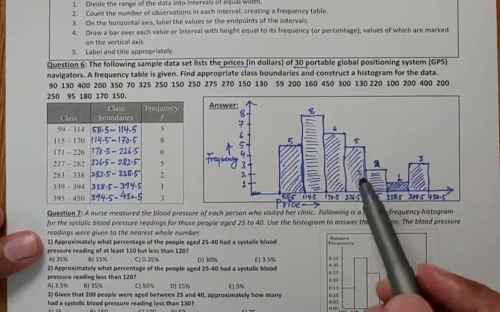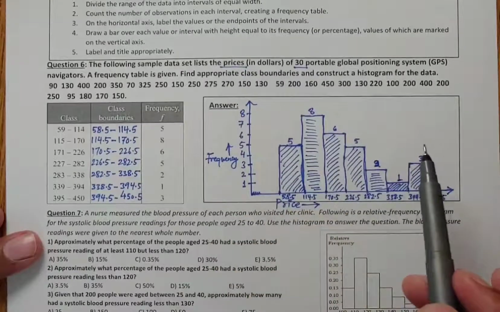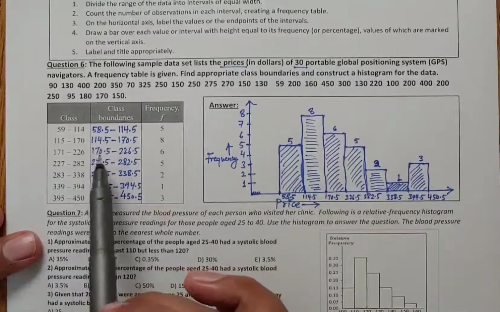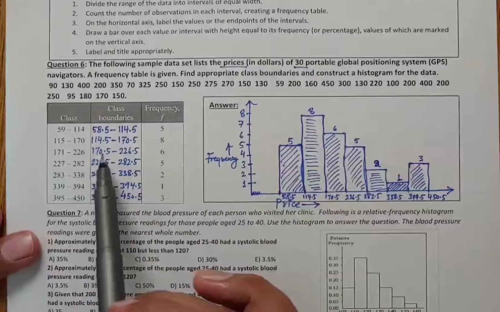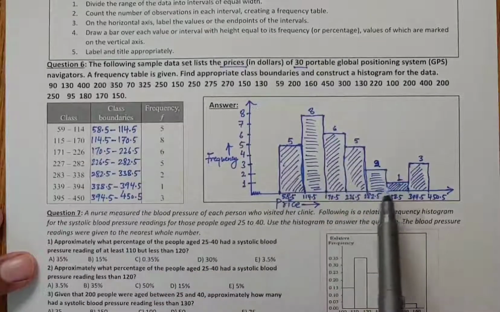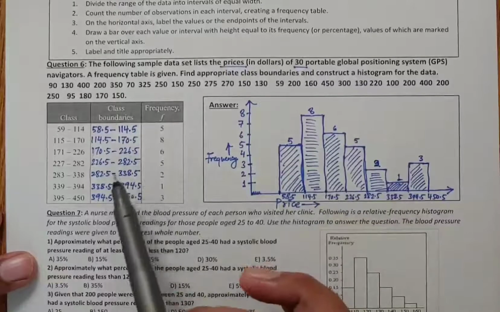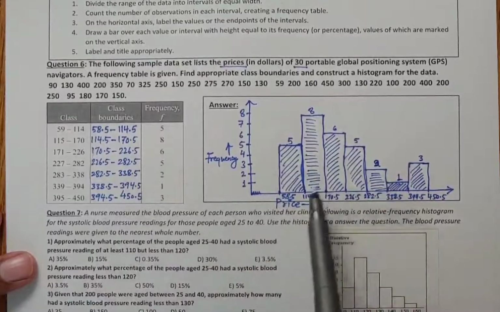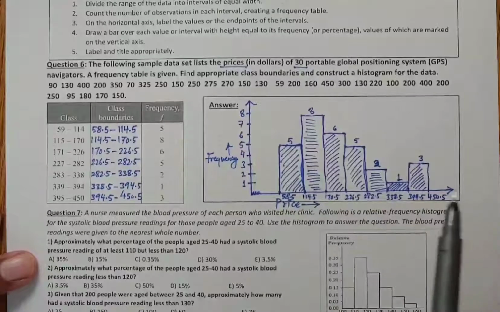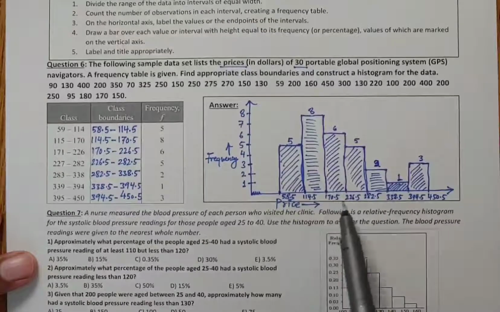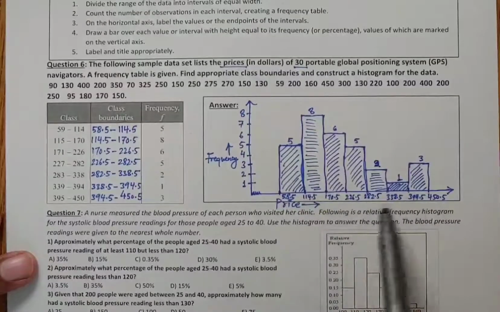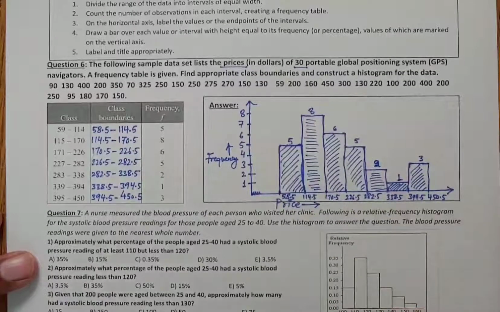So this is the process to draw the histogram. We have to set up the boundaries so that each bar touches the next, and then once you set up the boundaries, you just draw the bar graph. Okay, and we put the numbers here in an appropriate way, and then you draw the bar.